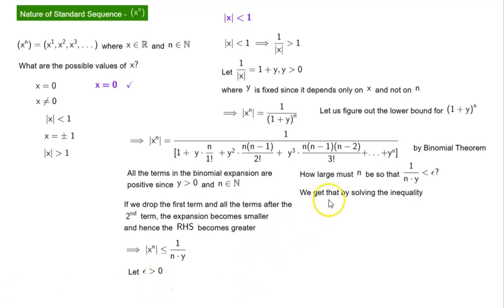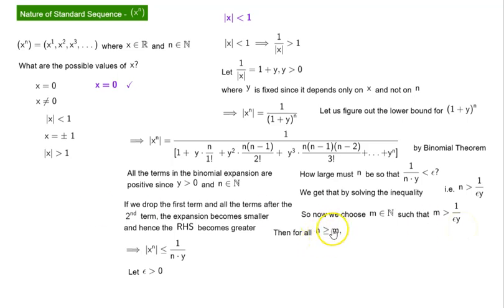So now we have to figure out how large n must be so that 1 by n times y is less than epsilon. We get that by solving this inequality. So we get n is greater than 1 by epsilon y. So now we choose m in natural numbers such that m is greater than 1 by epsilon y.